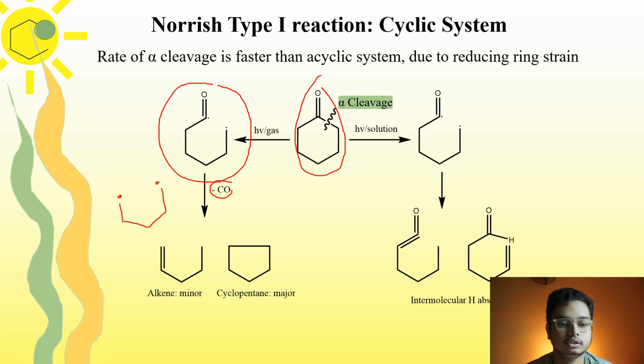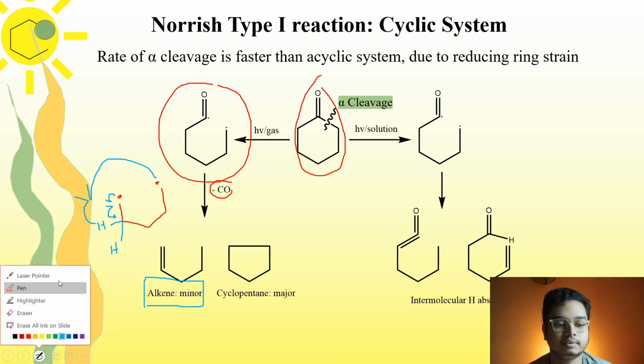This also has hydrogens, actually it had two hydrogens. One thing it can do is take one hydrogen from here and make this radical here, and now these two radicals combine to give the alkene compound, and this is the minor one.